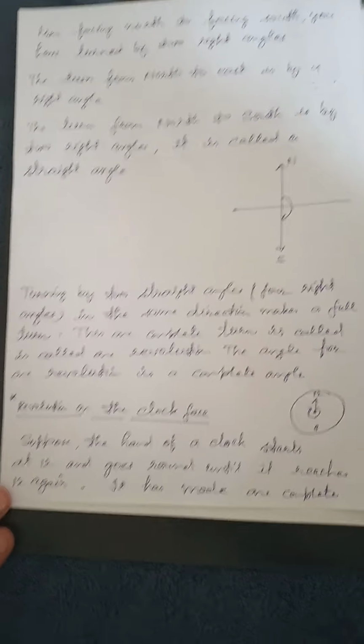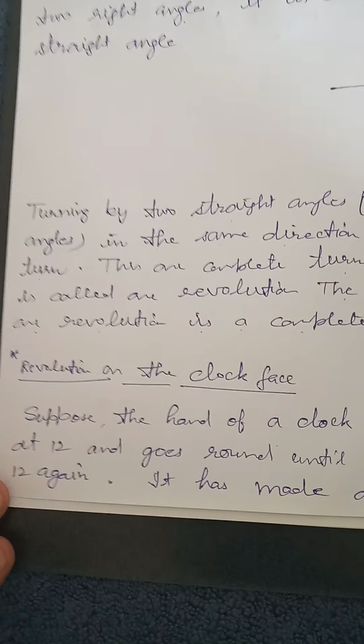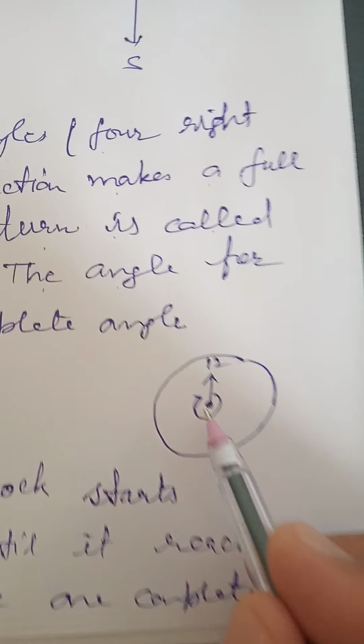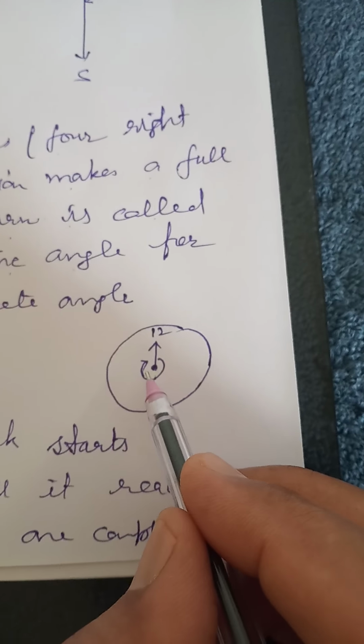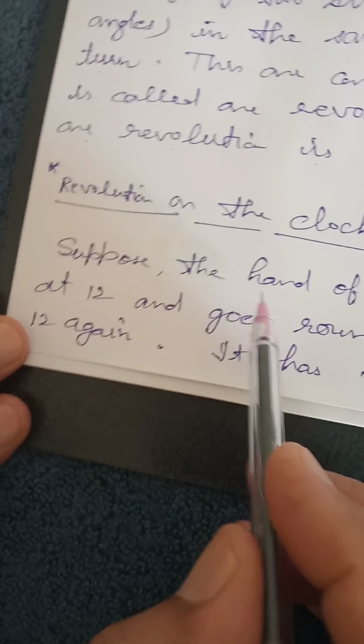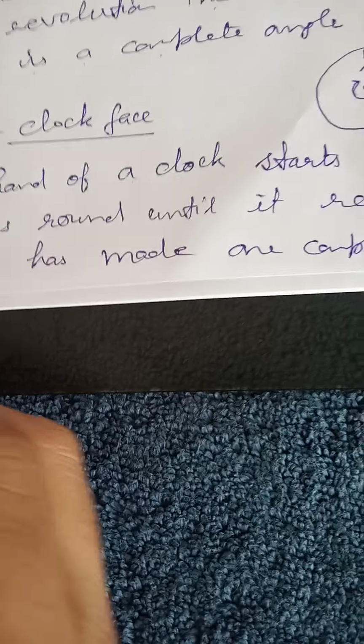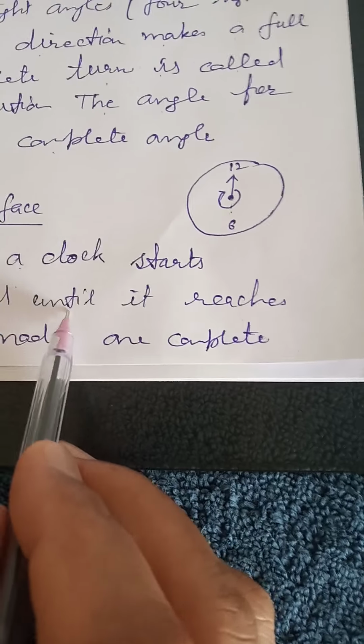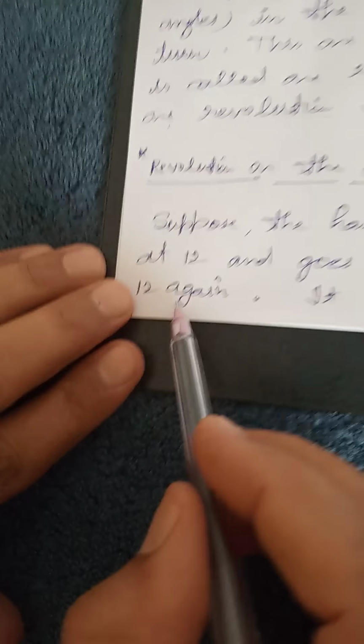Let us understand this concept by movement of minute hand of a clock. Revolution on the clock face. Suppose the hand of a clock starts at 12 and goes round until it reaches 12 again.